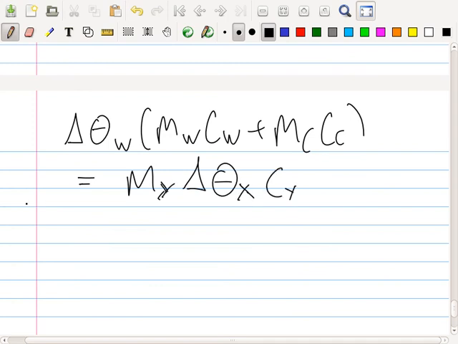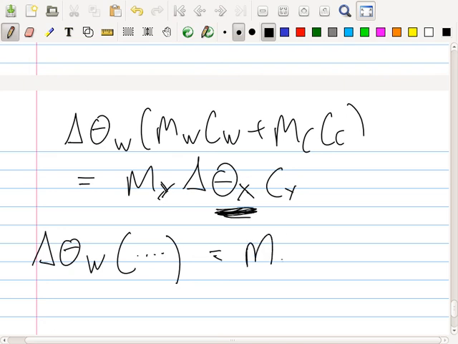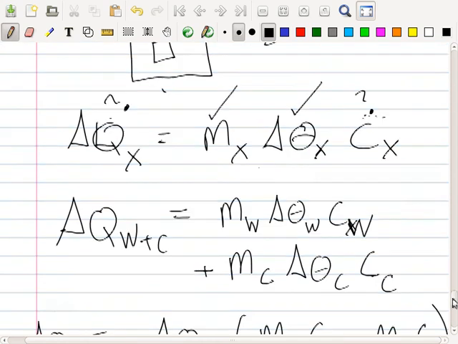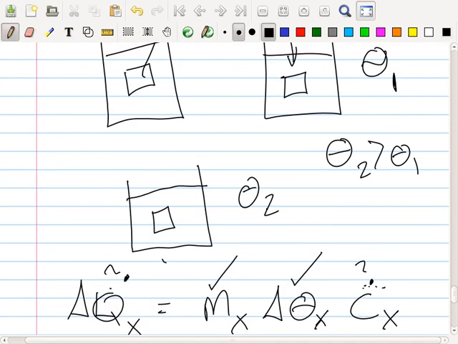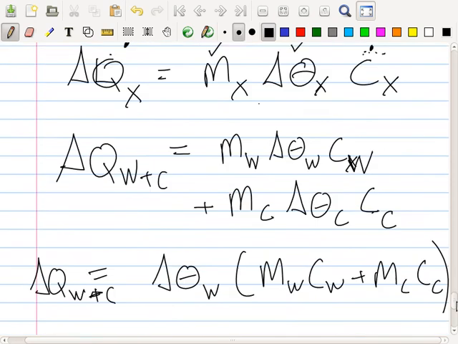Now we can simplify this more. I'll just write dot dot dot. What is the change in the temperature of the block? It's theta 2 minus 100.